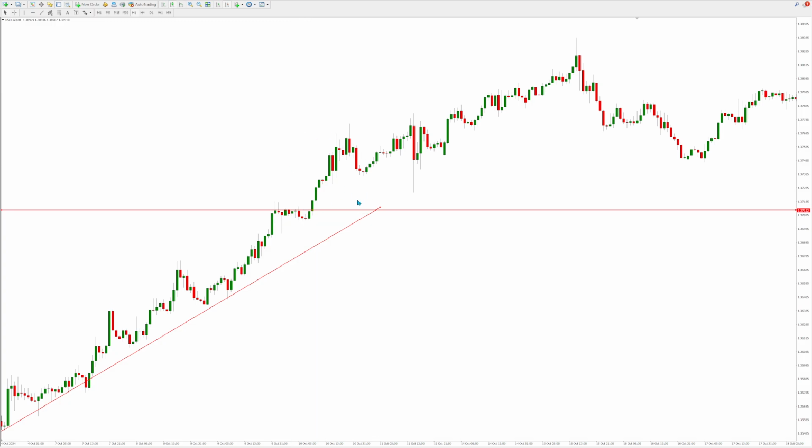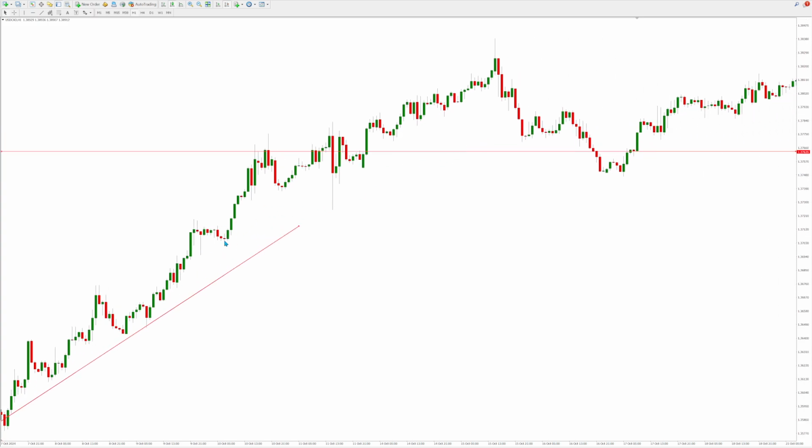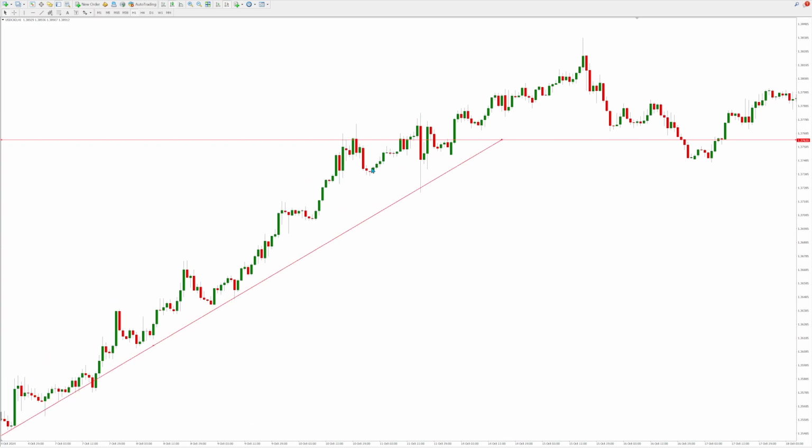So flat top breakout. This one's a bit more tricky. As I said earlier, we are quite far away from the start of the trend. Also, we're even further away from the trend line. That being said, this is an interesting candle because it actually comes back to almost touch the trend line perfectly.